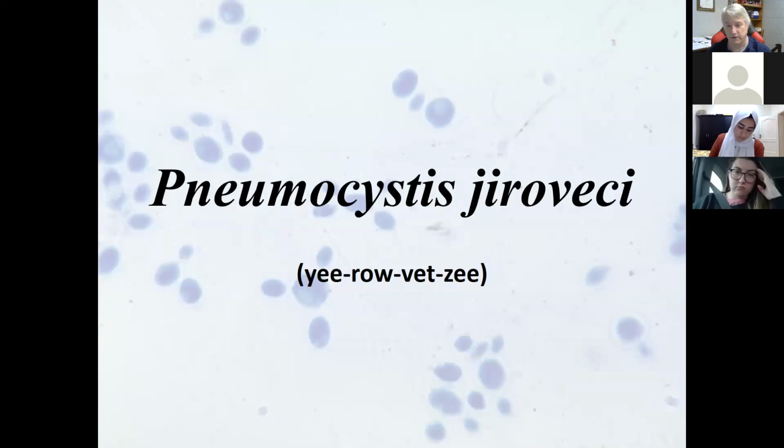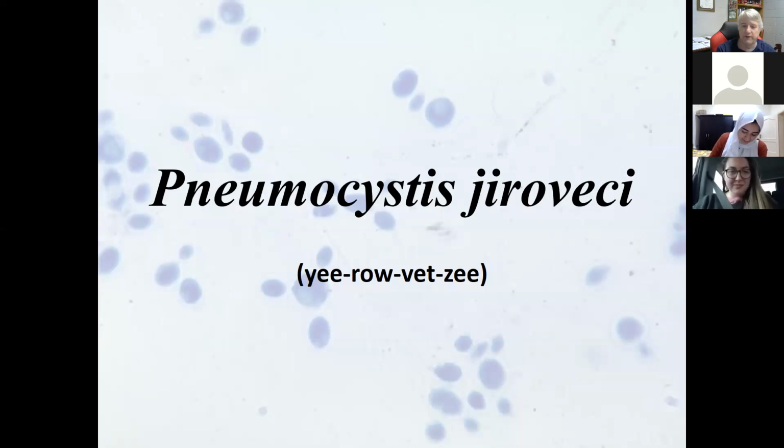All right, so here we go into another one, Pneumocystis, and we see a pronunciation help. And we could have used this like weeks ago, right? Somebody needs to sit down and write out all these for me.